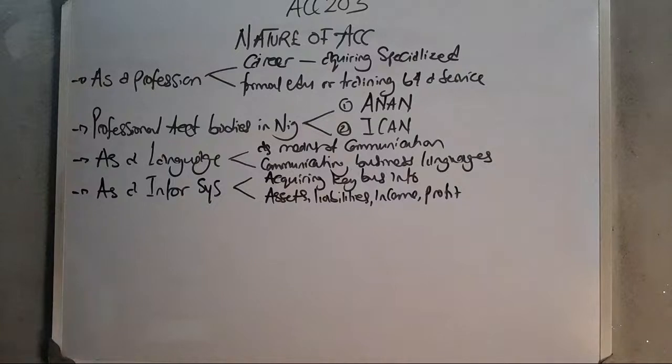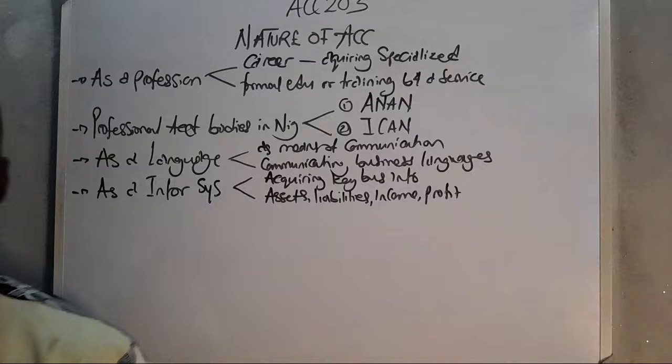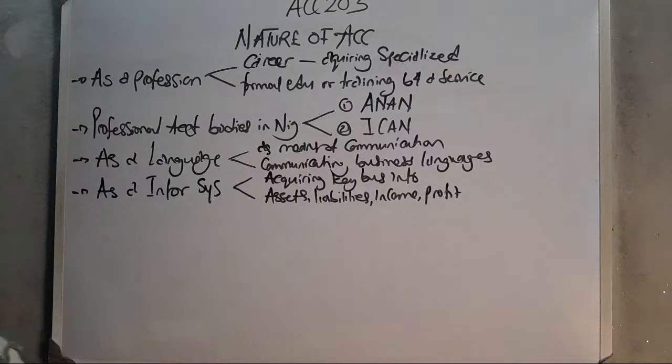So tangible business information is not possible without accounting, because the raw data from different source documents do not make any meaning until it is processed and analyzed through the accounting process. That is very correct. We also have accounting as a service activity, and as a science.